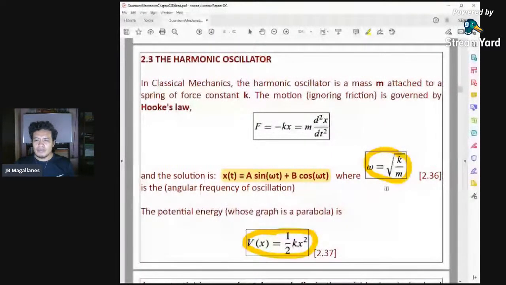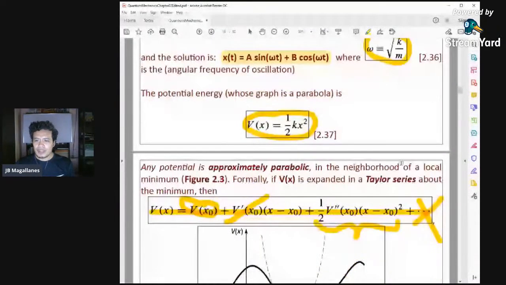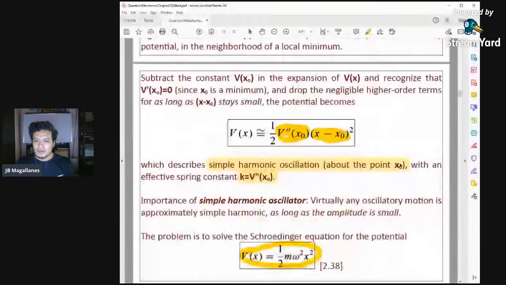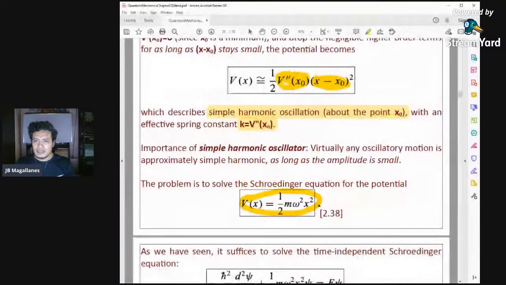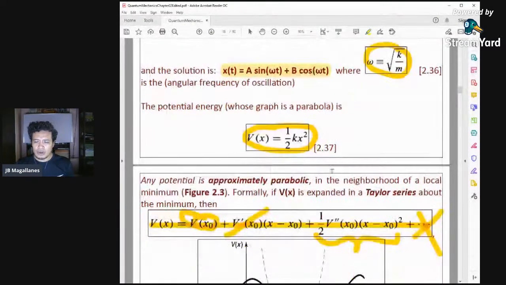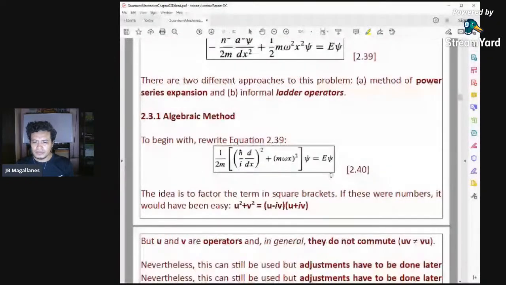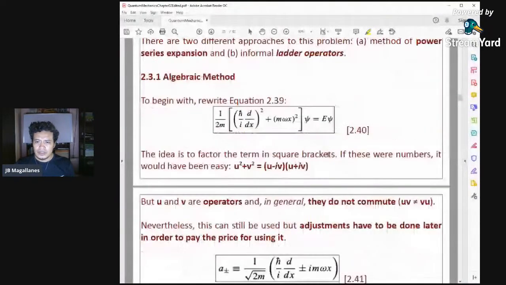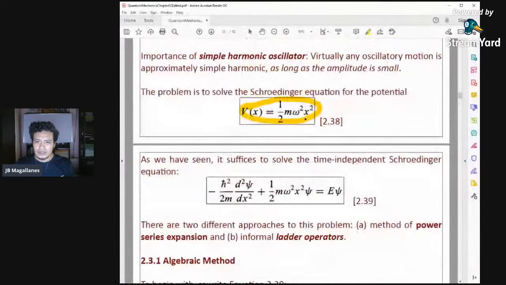Because we have this expression, we can write V. So k would just be m omega squared, and V is 1/2 m omega squared x squared here.